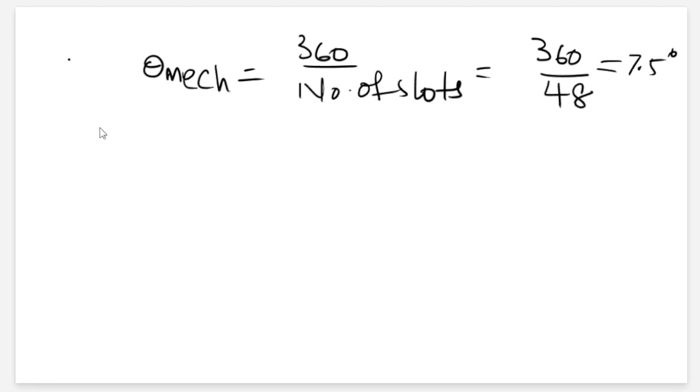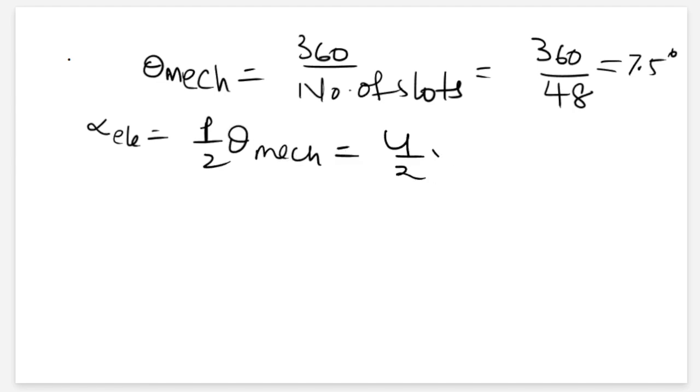Slot pitch angle theta electrical is equal to P by 2 into theta mechanical. So 7.5 into 4 by 2 is equal to 15 degrees. Alpha is the electrical slot angle, so in this case alpha is equal to 15 degrees.